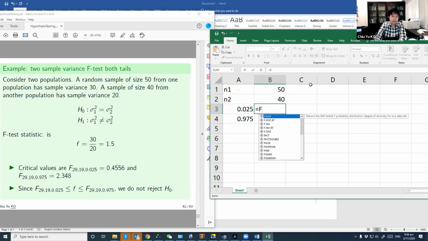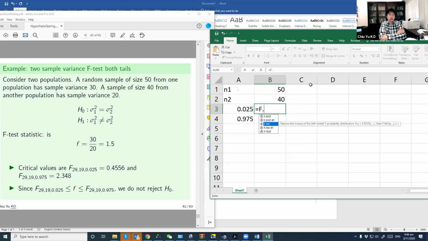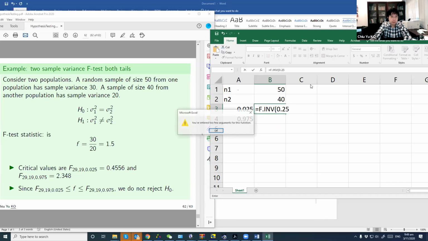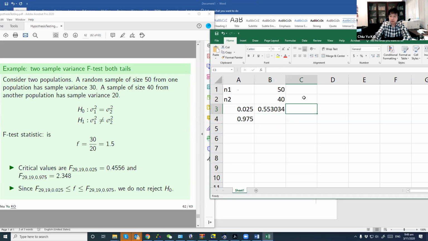We're doing the F because we find a critical value, so we are looking at the F inverse. There will be a left and a right. First, look at the left tail, probability 0.025, and degrees of freedom 49, 39. So this is the formula here.